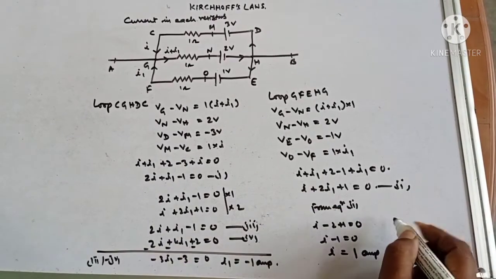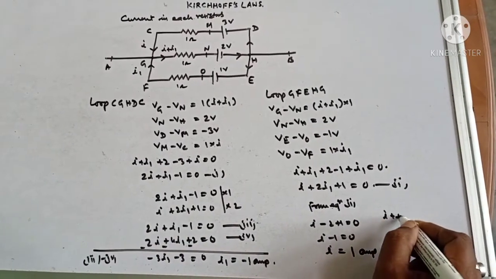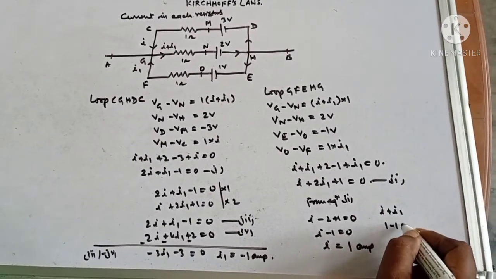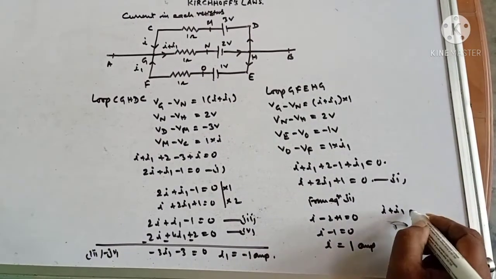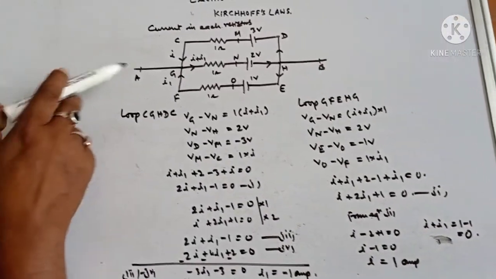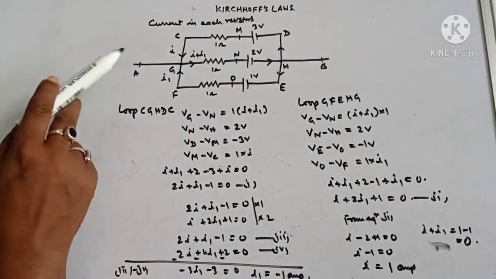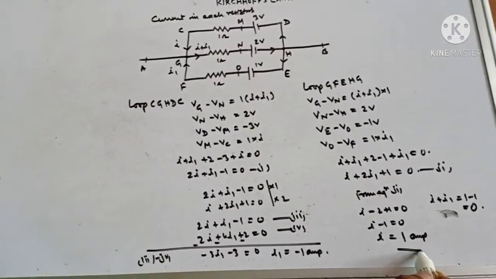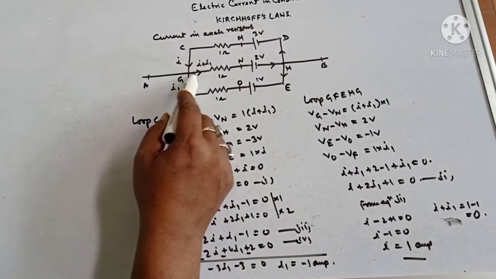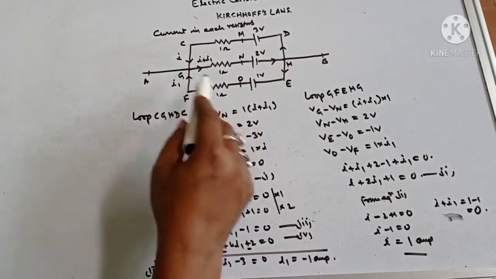And here again I plus I1, that is 1 minus 1, is equal to 0. So here you see the current flowing in I is 1 ampere, in I1 it is minus 1 ampere, and in this it is 0 ampere.